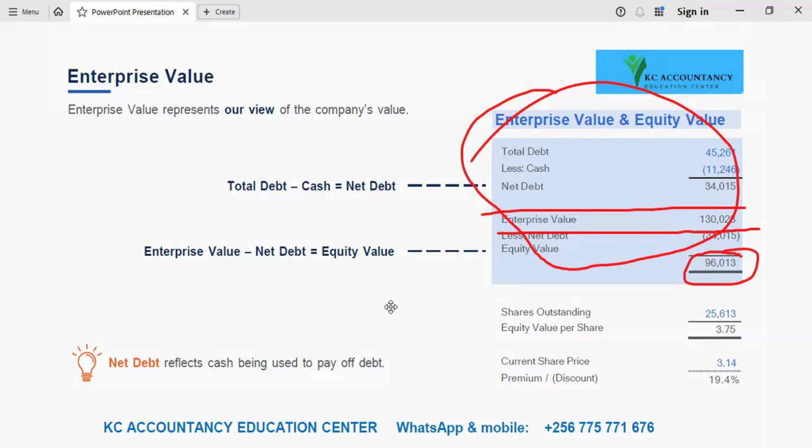It is really great to think about a piece of real estate, because it will help us to understand the difference between enterprise value and the equity value.